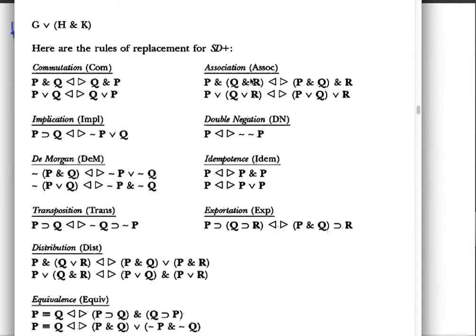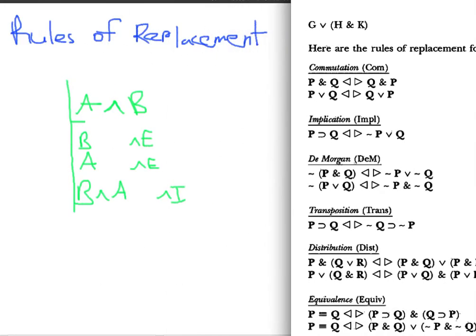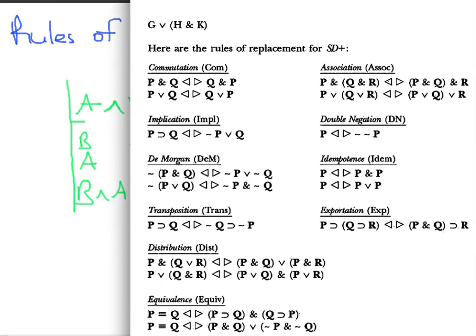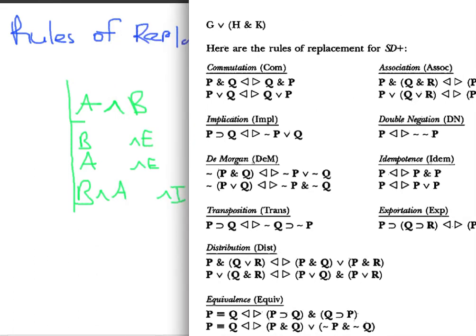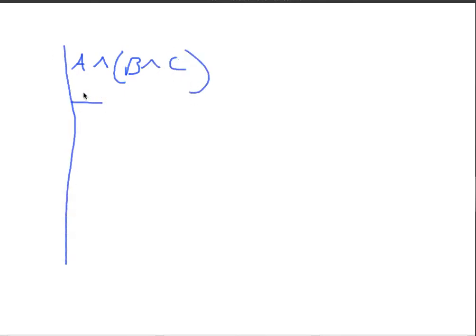The rule of association, I'm not sure if we actually did this one or not, but we can do it relatively quickly. The disjunction will be a little bit harder, but the conjunction will be relatively easy to prove. Suppose we had A and B and C as our premise.